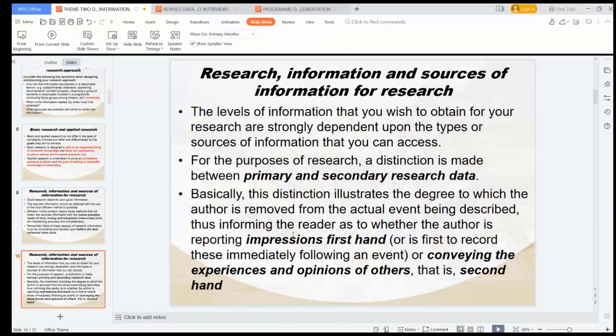You can report information as first-hand, as having been experienced by you as a researcher, or you can report information that is secondary. In other words, you would be looking at other reports or other documents that have been compiled by others. So these are the two different sources of information, and in research we use all of these.